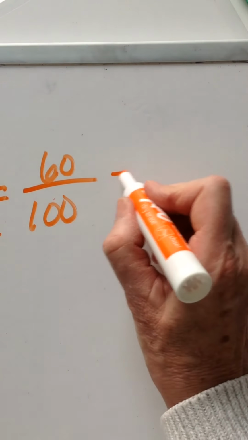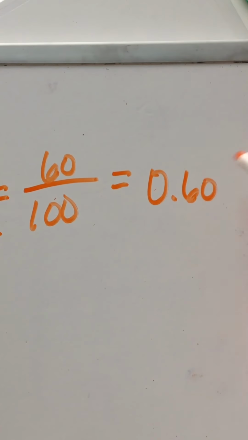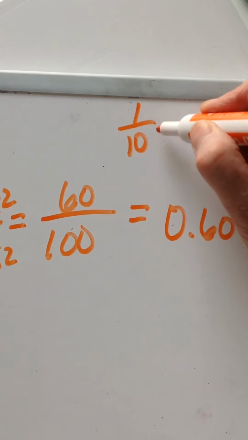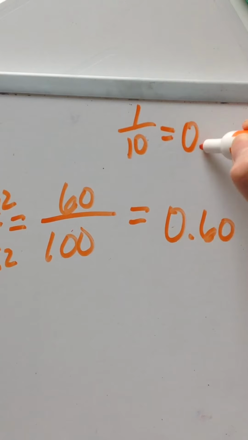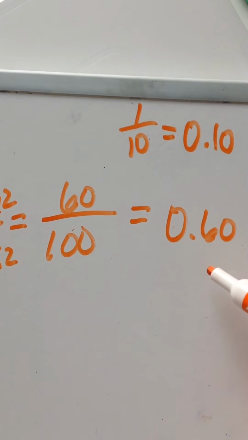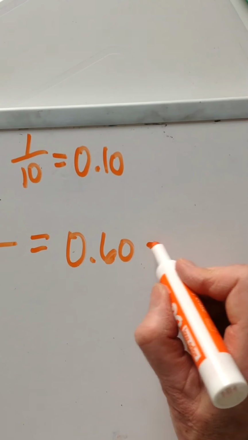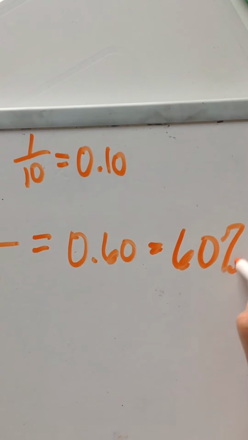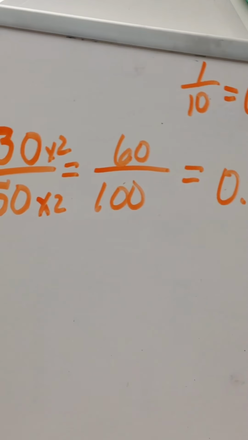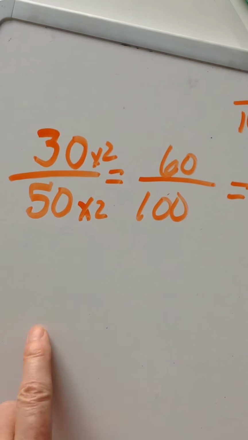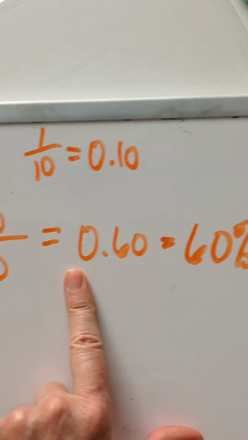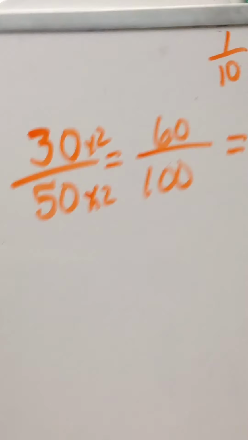The decimal is 0.60, because a couple days ago I sent you the thing, and 1/10 was one of our benchmarks, and that's 0.10, and so 6 times that, 0.60. All right, and then the percent is 60%. So I would have that benchmark thing out while you're working on these, because it will be really helpful. So fraction, we rewrote the fraction, we made it into a decimal, and then we made the percent. There you go. Now let's do D.